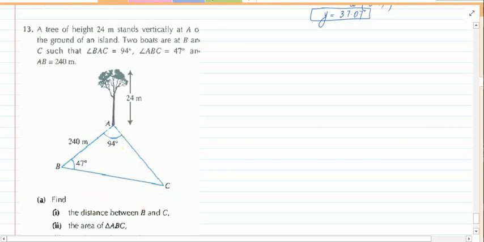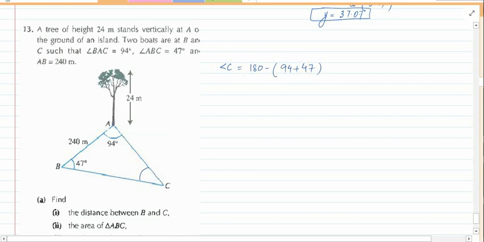So at first, make it very clear that we are not dealing with a right angle triangle. That means we need to opt for law of sine or law of cosine, right? So basically it is a triangle, and the sum of angles in a triangle is 180. That means angle C will be, you will add these two angles and subtract from 180.